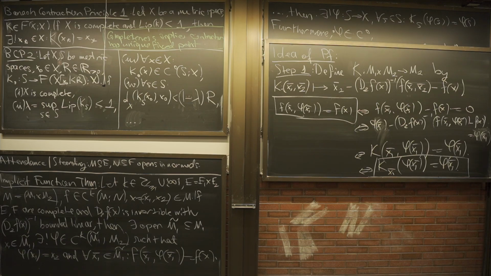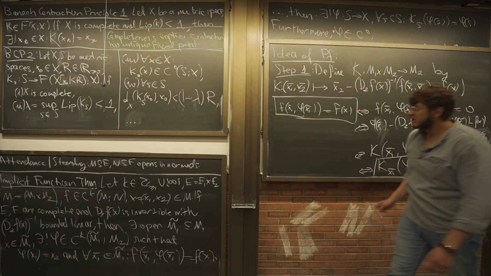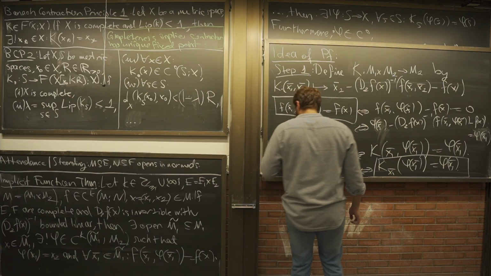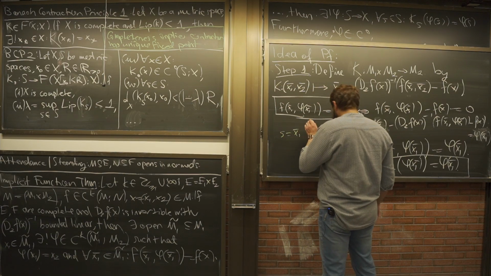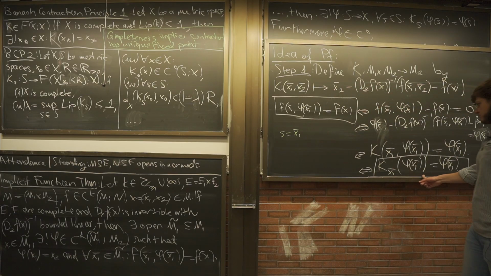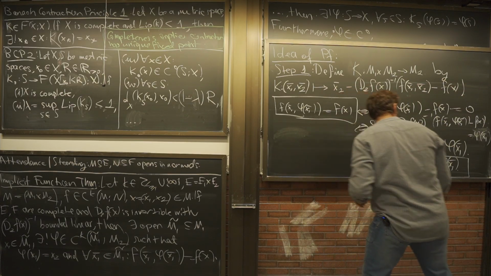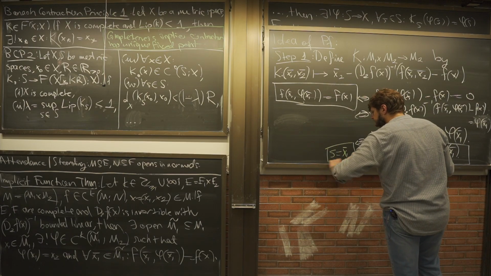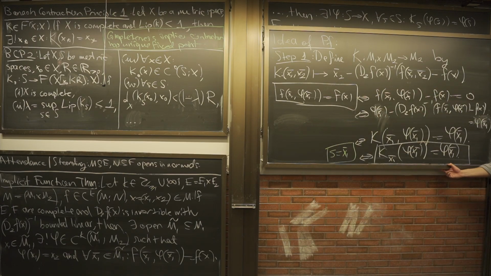Does this make sense? This is an important point. So here, the parameter S in BCP would be x1 bar. And that's it. So this is for S equals x1 bar.